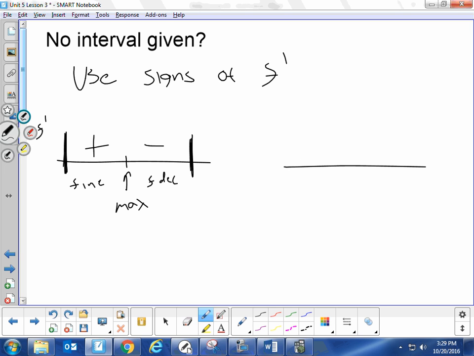If in that set interval you're going from negative to positive, this is definitely going to be your min, and it's going to be your absolute max and your absolute min.